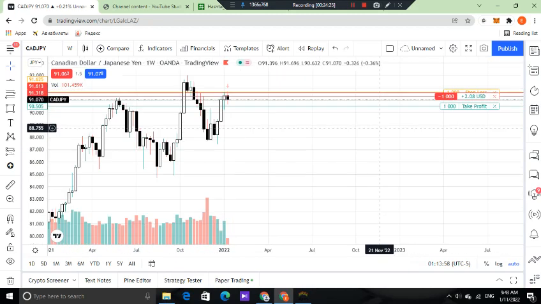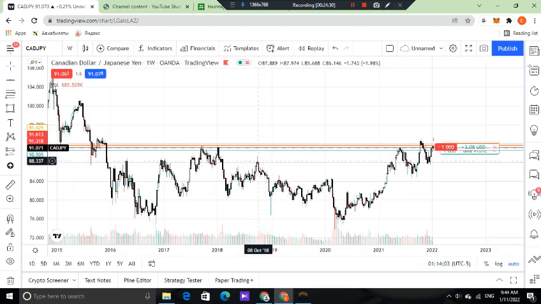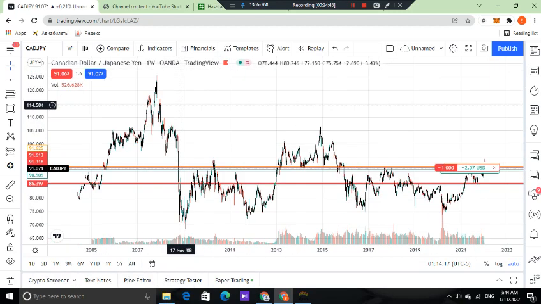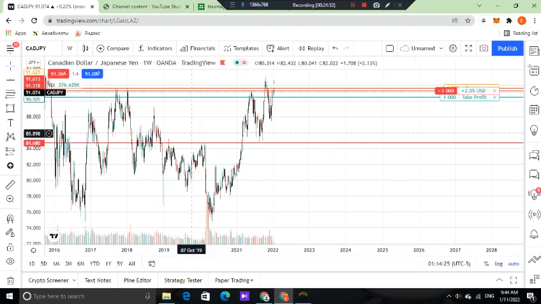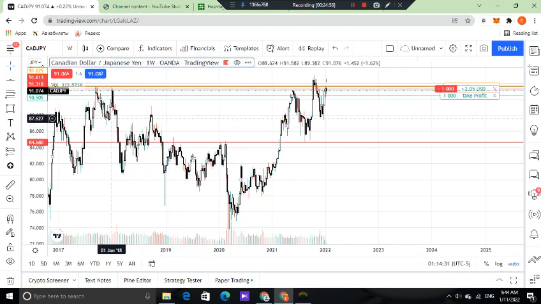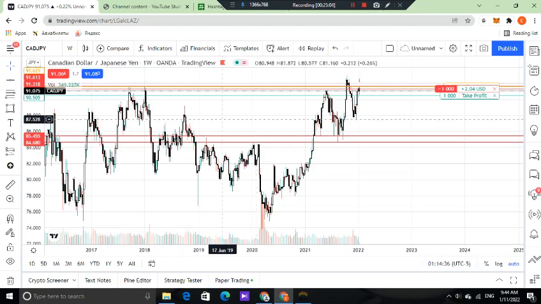So that's why I opened the short position here, and that's the reason. Try to consider your levels based on the latest data, not the oldest ones, because they are more reliable and legit.